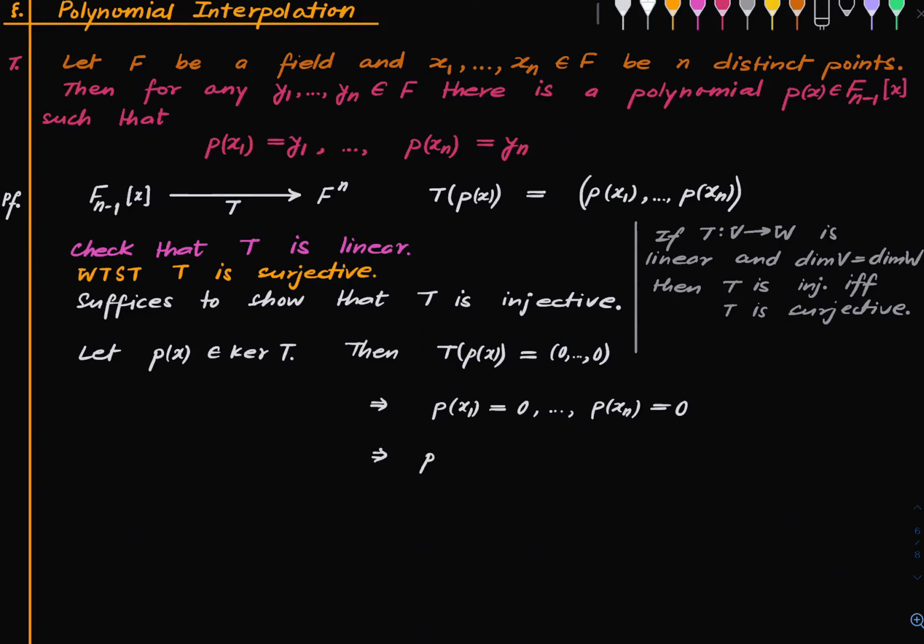P(x) is 0, and hence the kernel of T is trivial, which implies T is injective, which finishes the proof. It's a very nice application of linear algebra to something that is outside of linear algebra.